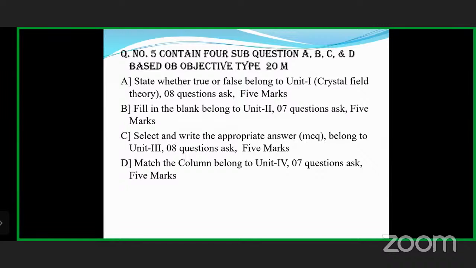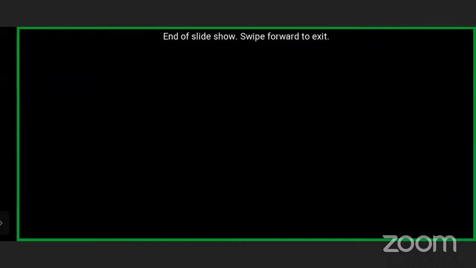And the last sub question, that is match the column. This last sub question belongs to unit 4, and here a total of 7 match the columns are given and you have to solve any 5. So in this way, each sub question carries 5 marks and total question number 5 is of 20 marks. Okay.